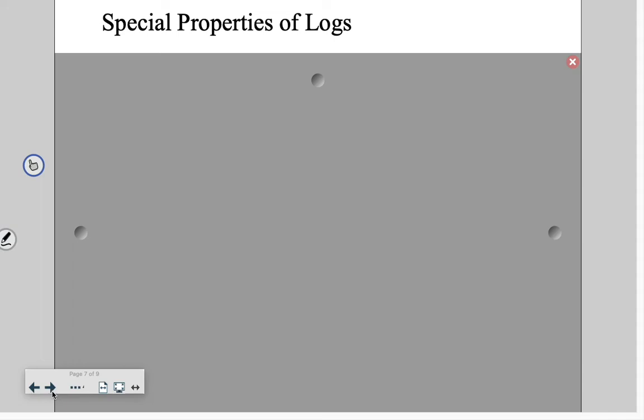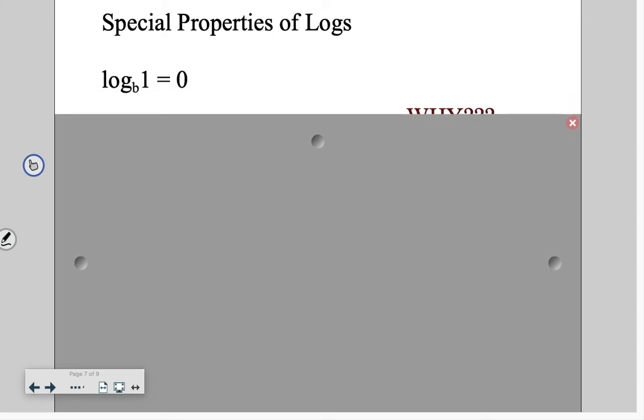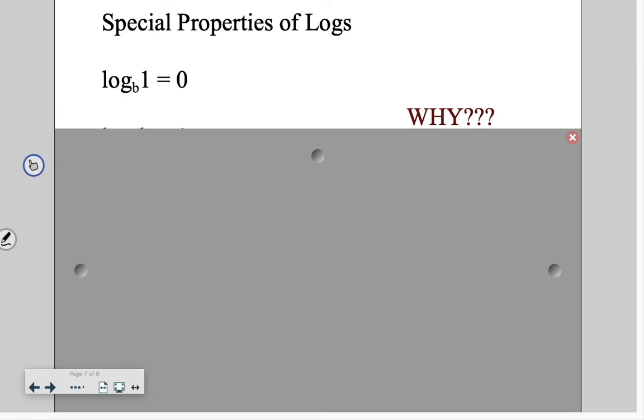All right, which leads us to the formal slide of being able to do this. So 4 special properties. Number 1, the log of 1 is 0, regardless of the base. Like I said, we already talked about that.